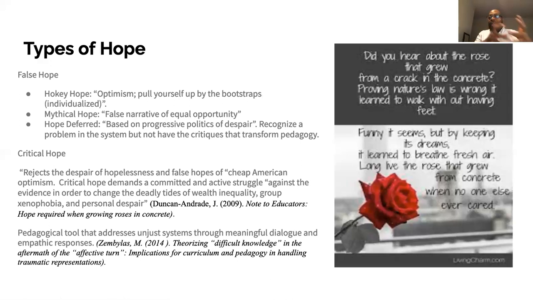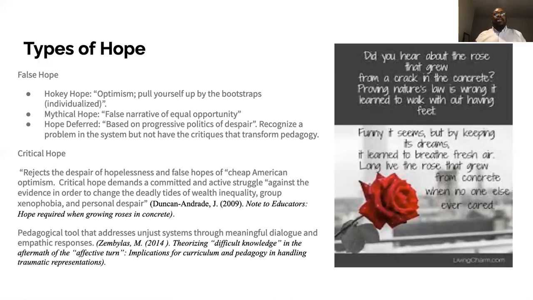Right. Sometimes we have to think about what are the actions that we can do currently to then cause students to have hope, which helps me go into this idea of this critical hope that Duncan Andrade pushes forward, right?